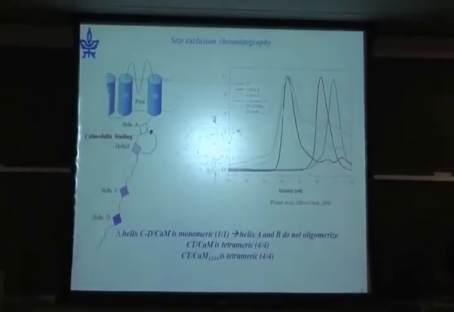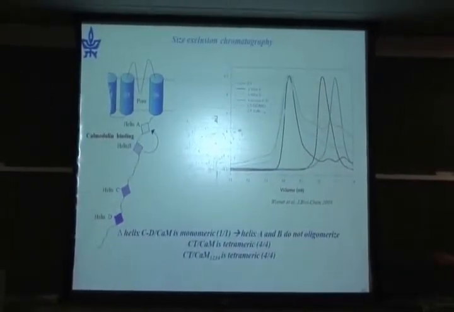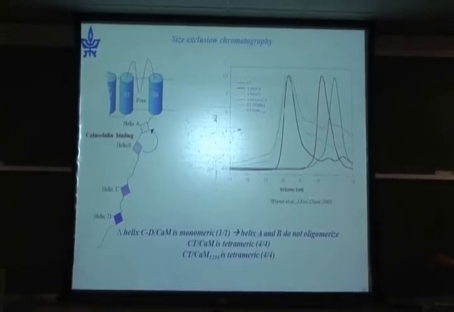We also analyzed using size exclusion chromatography, and we found that if you remove helix C and D, these two coiled-coil domains, and just run the proximal part of the C-terminus, which comprises helix A and B, and calmodulin, the complex is a monomer. You have no oligomerization. You have 1 calmodulin bound to 1 proximal part, helix A and B, as shown in this data.